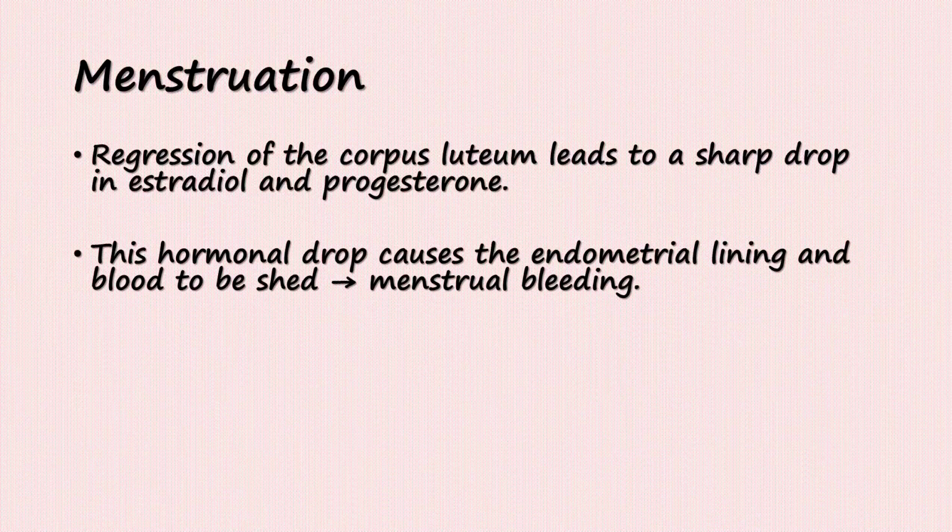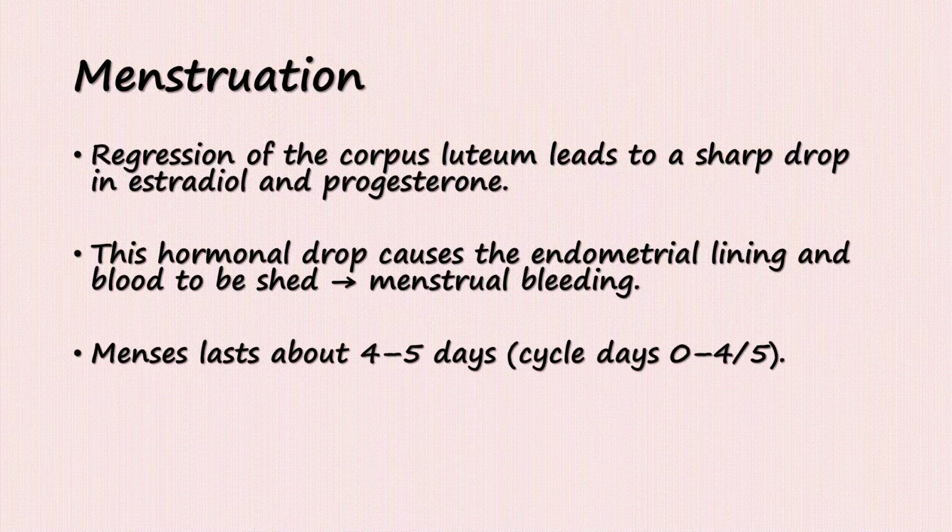This hormonal drop causes the endometrial lining, the beautiful Airbnb, to shed, resulting in what we call menstrual bleeding. Menses last for about 4 to 5 days, depending on the female. After that, new follicles get recruited for the next cycle and the show continues.